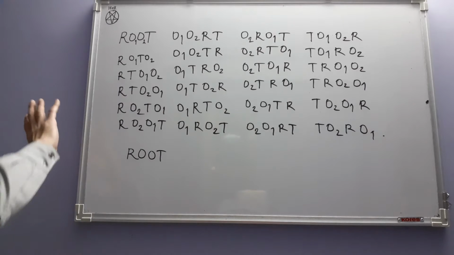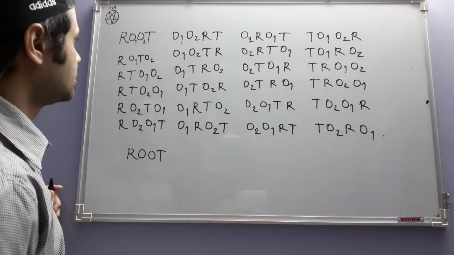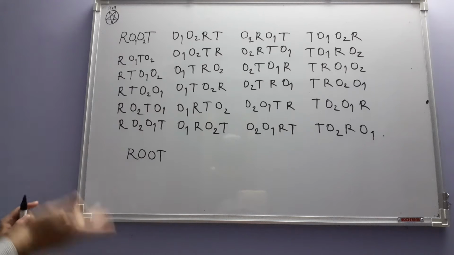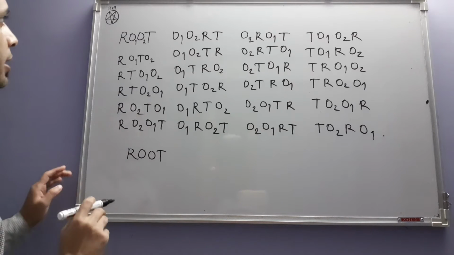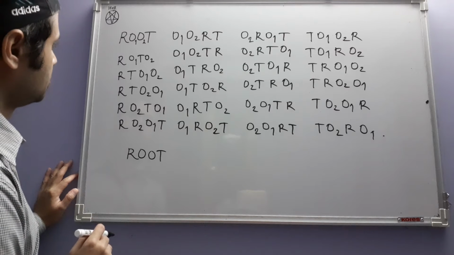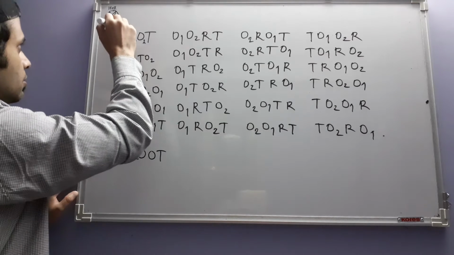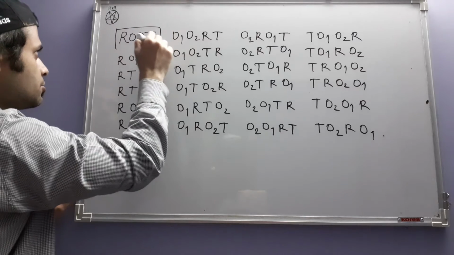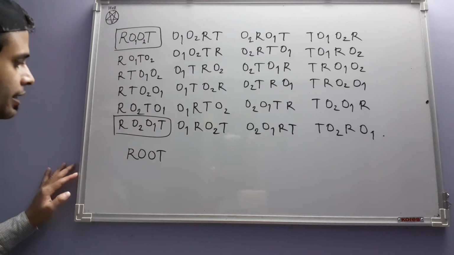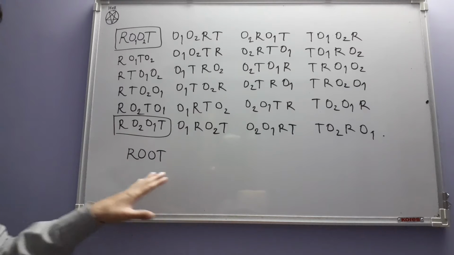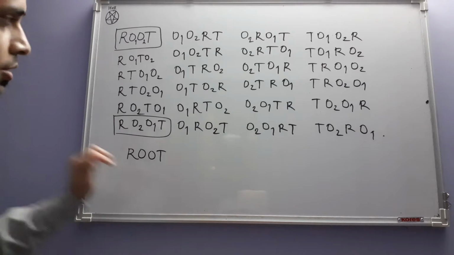For example, having written all these things, if I now decide to not distinguish between the O's, then what shall I get? Say for example, for this one and this one. You see, they give rise to the same permutation, ROOT.